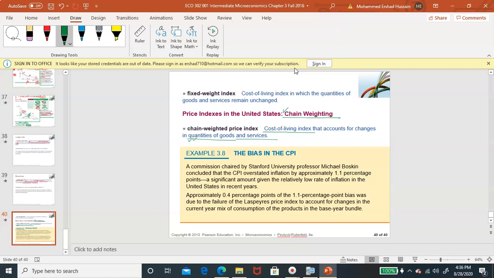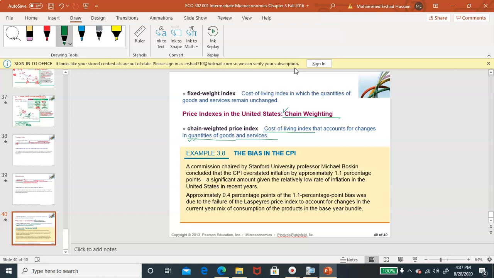On the bias in the CPI, a commission chaired by Stanford University professor Michael Boskin concluded that the CPI overstated inflation by approximately 1.1 percentage points, a significant amount given the relatively low rate of inflation in the United States in recent years.